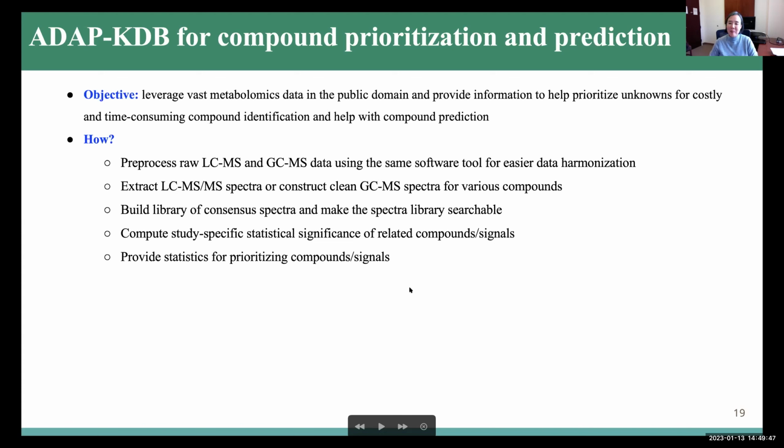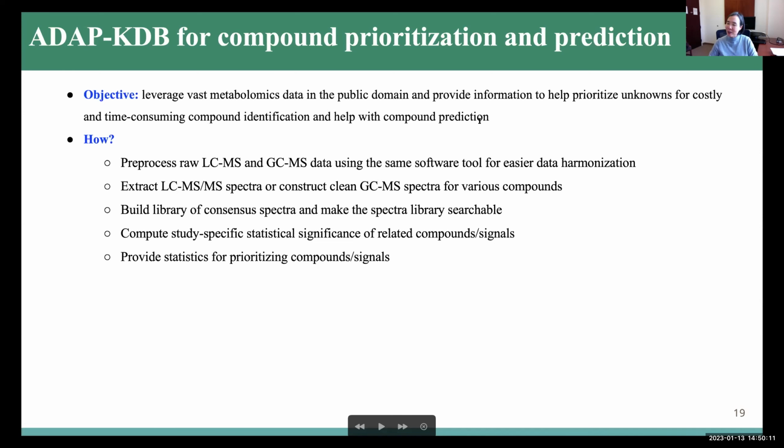They are still unknown. So in order to tackle that issue, we had one specific objective in mind, which is to leverage the vast amount of metabolomics data and exposomics data in the public domain and provide information to help prioritize those unknowns for very costly compound identification, and also hopefully help with compound prediction.